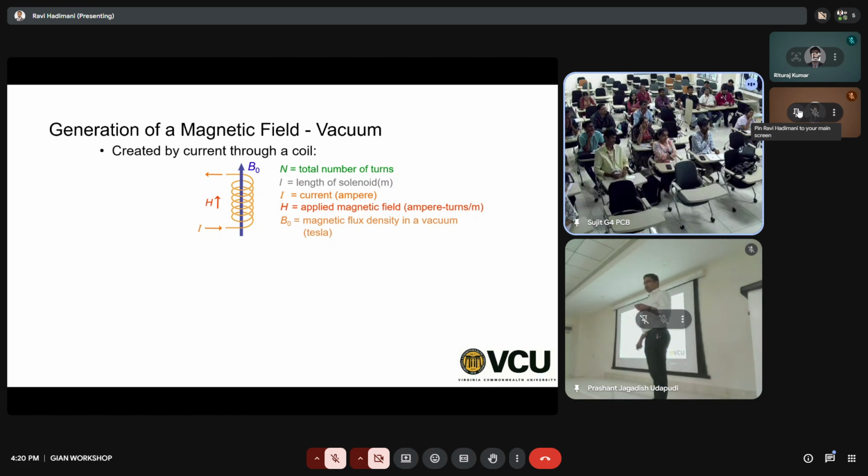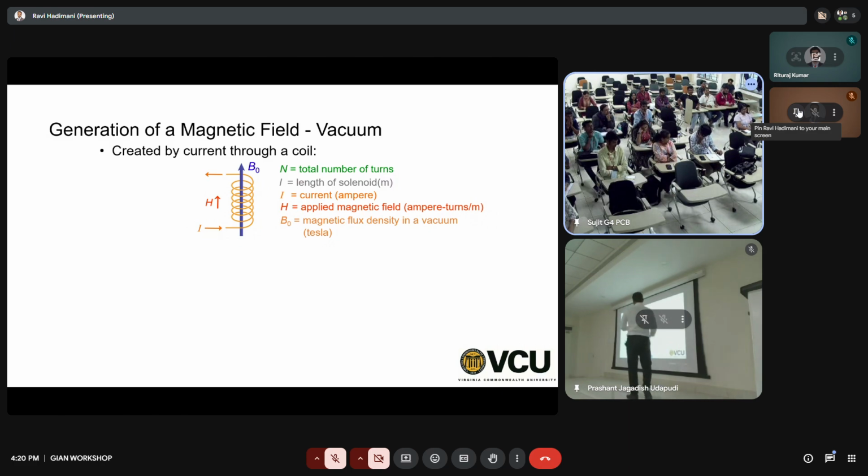Where else do you experience a magnetic field, apart from charge in motion, apart from current? You all use it. Permanent magnets, right? A permanent magnet has a magnetic field around it.